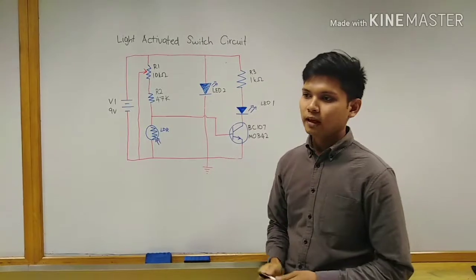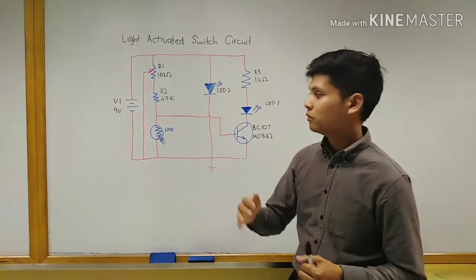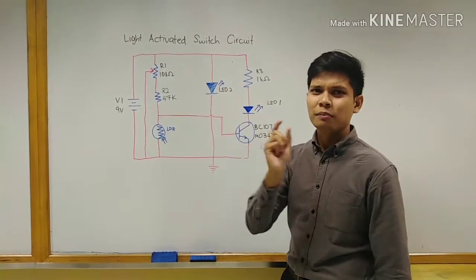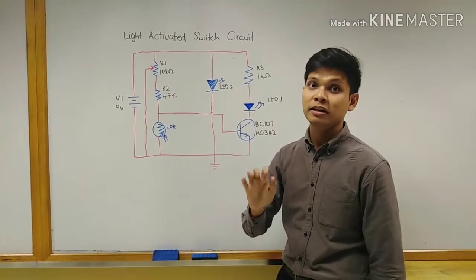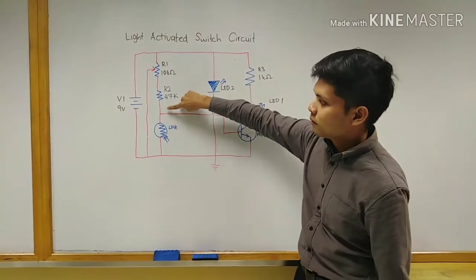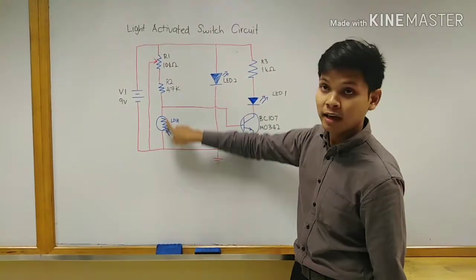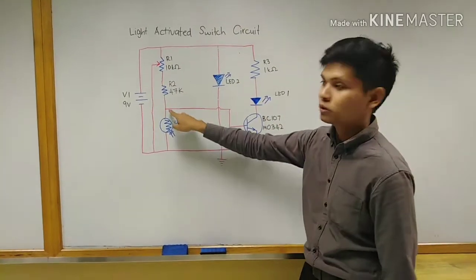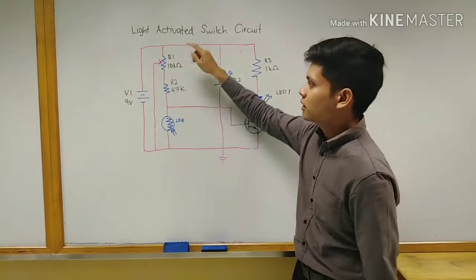So basically, when it is bright, the LDR has a small amount of resistance, around 500 to 600 ohm only. When the current is here, it will choose the LDR path, because it offers the lowest resistance compared to the path here.